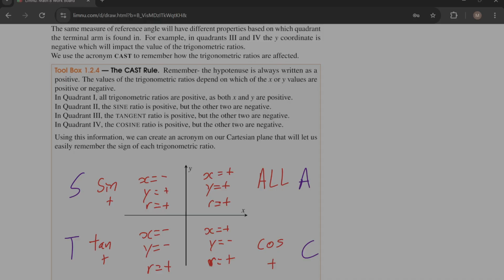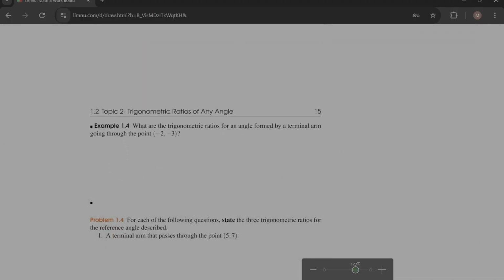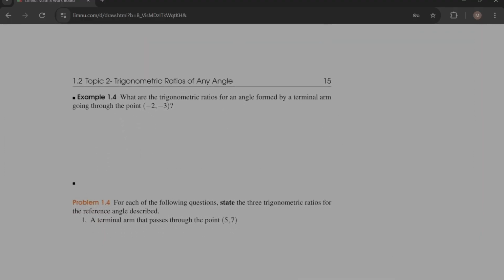That's really handy. Okay, what are the trigonometric ratios for an angle formed by a terminal arm going through the point (-2, -3)? I'm not even going to do a drawing here. I'll just help you out with this by saying x equals -2, y equals -3, r equals, well, let's do the Pythagorean theorem here. So I got (-2) squared plus (-3) squared equals r squared.